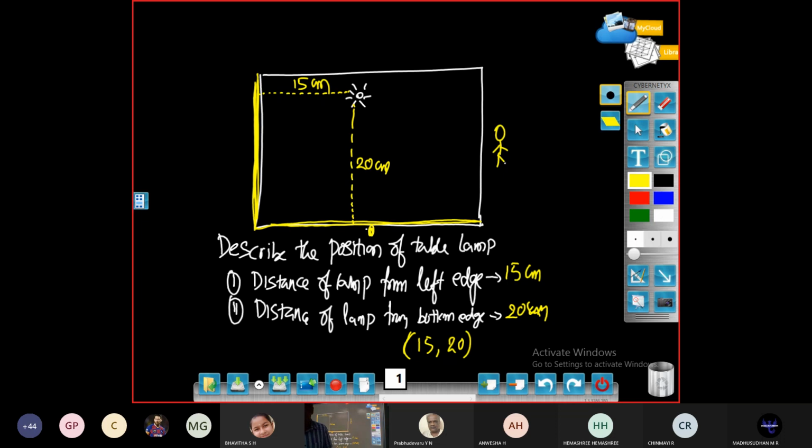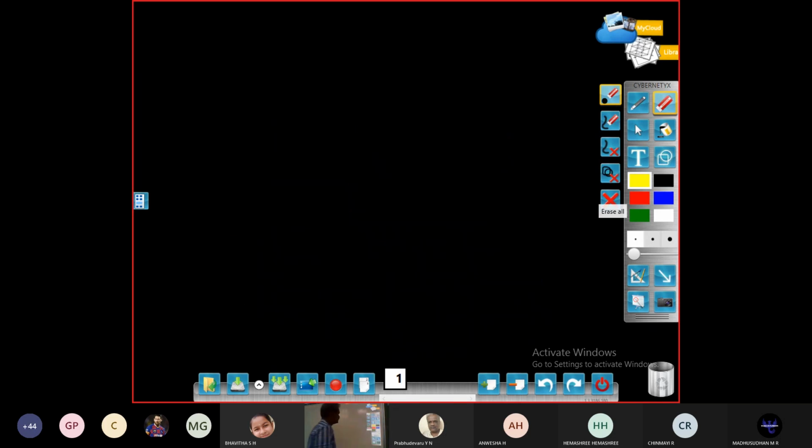Now the street plan is there. Second question. A city has two main roads which cross each other at the center of the city. These two roads run along the north-south direction and east-west direction.